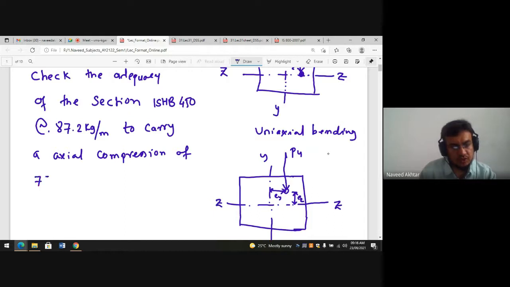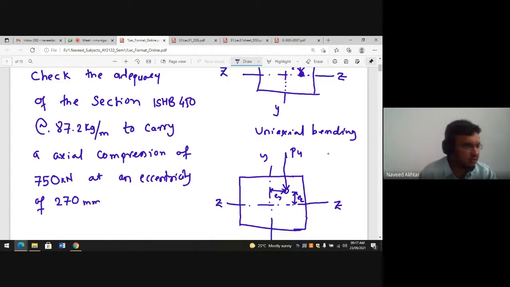The load on your column is 750 kilonewton at an eccentricity of 270 mm about its major axis.